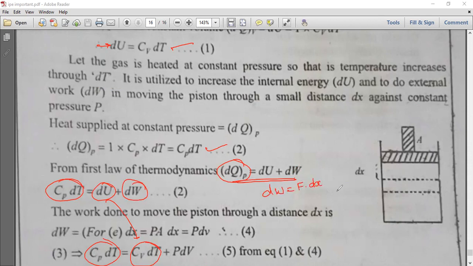As this piston is moving by dx, just substitute F into dx, and you know P is equal to F by A, so F is equal to P into A. Substitute here. So this is PA dx, and this area into dx is volume, and that's why it is PdV. Okay. So CPdT is equal to CVdT plus PdV.